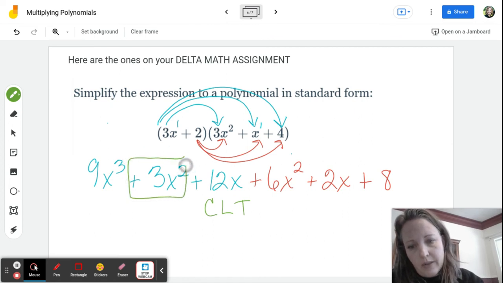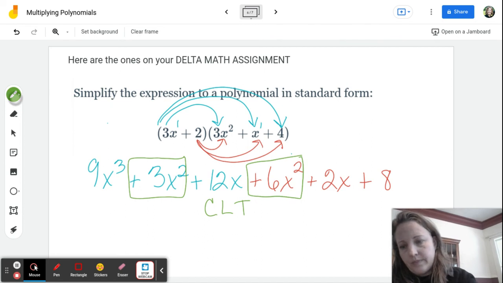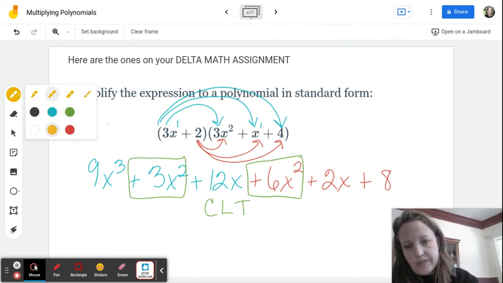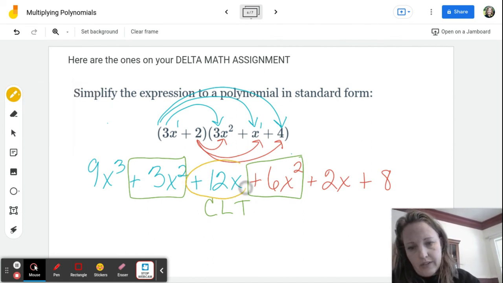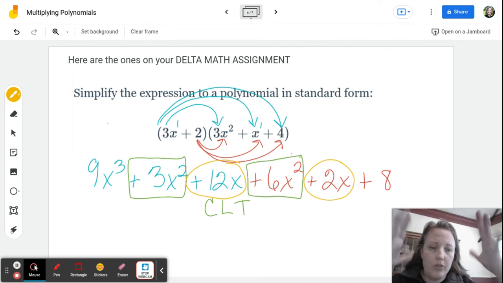I'm going to grab the positive sign that goes with it, and a positive 6x squared. And then I have a positive 12x and a positive 2x. Okay, so don't get confused. You're not multiplying anymore. You're combining like terms, which is addition.